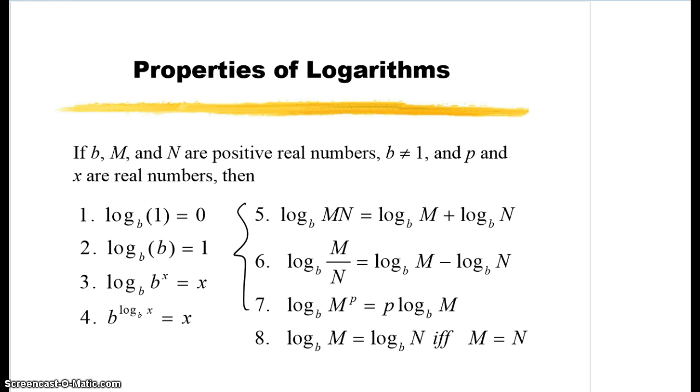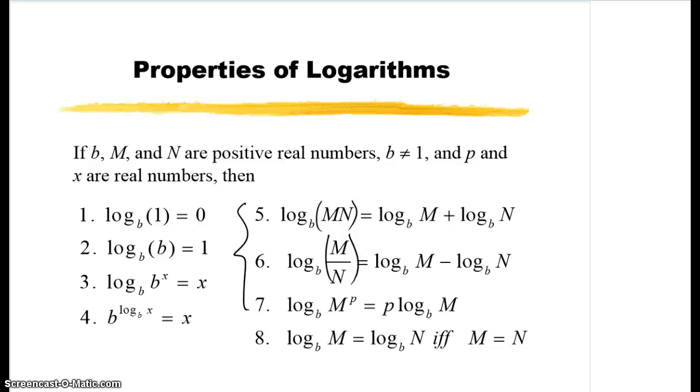Now on to 5. In 5 you have a product of two numbers, m and n. If you have log base b of this product, you could break it up into log base b of m plus log base b of n. So that's what we've done here. In number 6 we have a quotient instead of a product. In that case, this becomes log base b of the top minus log base b of the bottom.